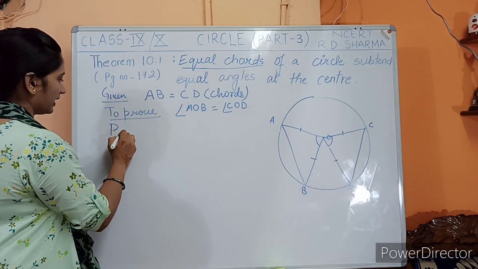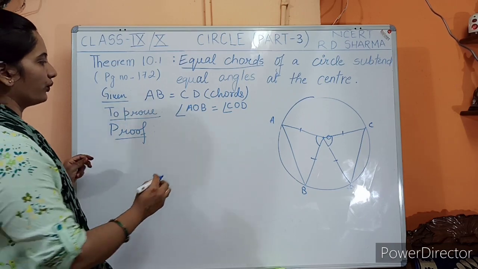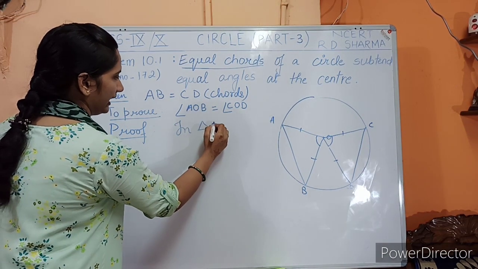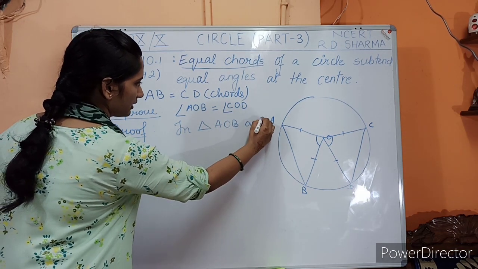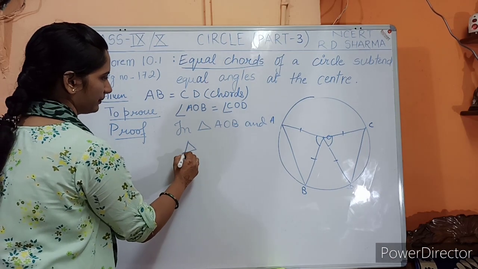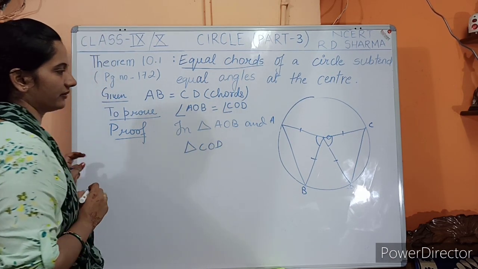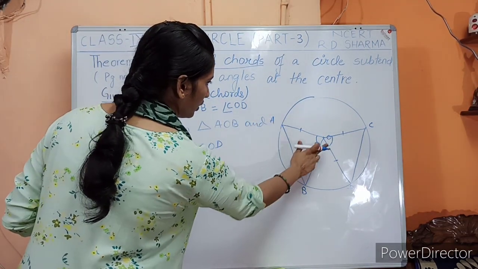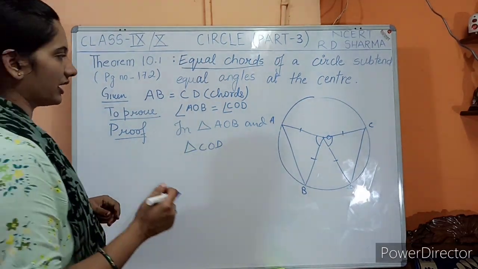So let us check out the proving part. Proof: we need to take two triangles here. In triangle AOB and triangle COD, these are the two triangles.